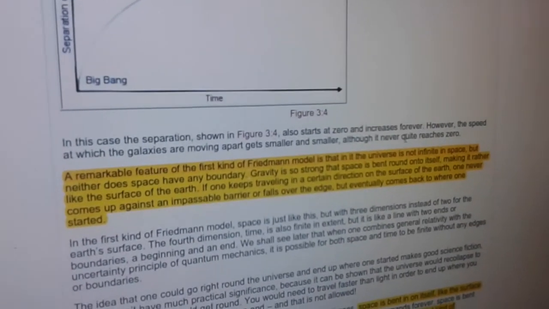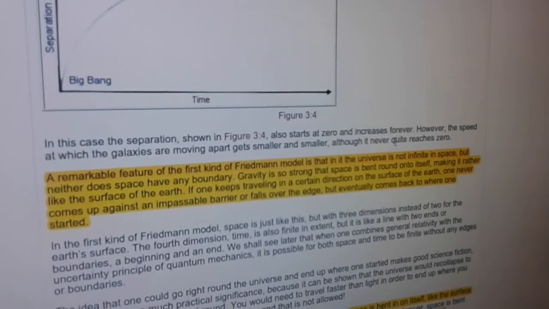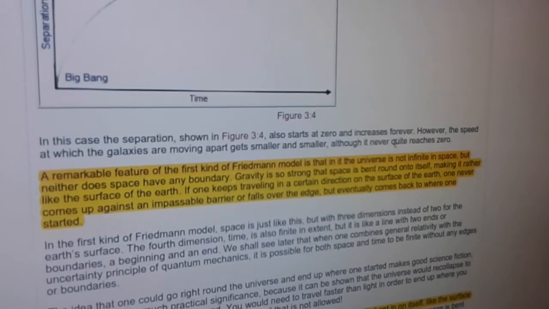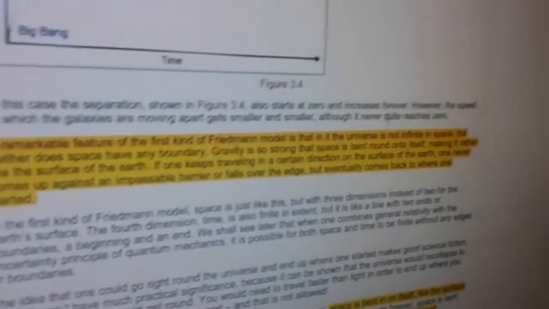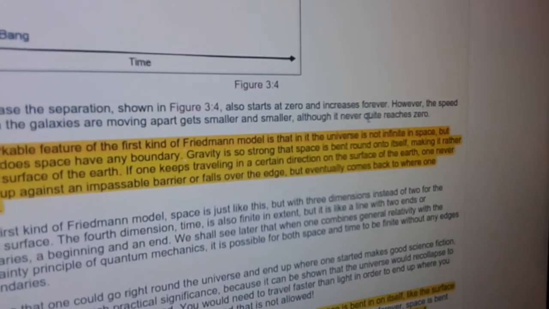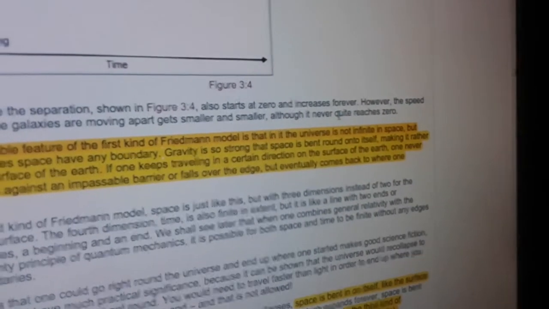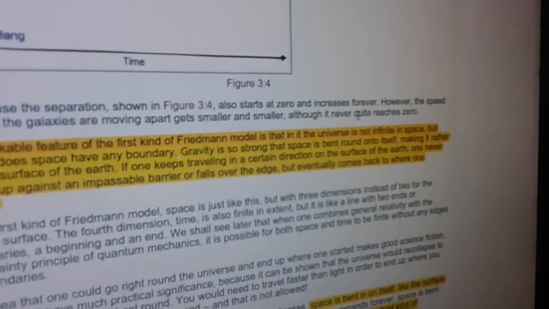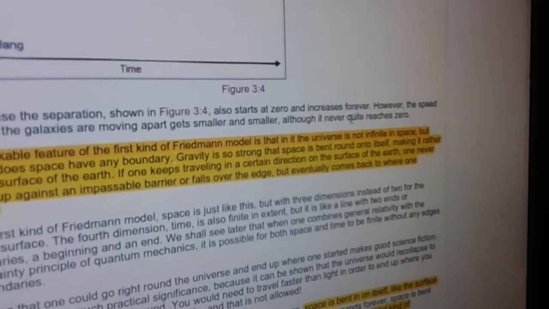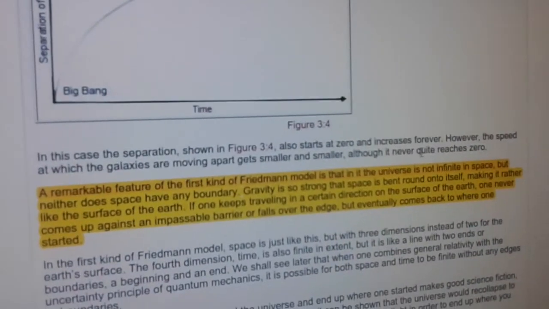A remarkable feature of the first kind of Friedman model is that the universe is not infinite in space, but neither does space have any boundary.